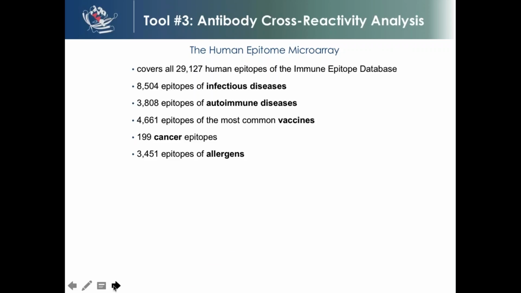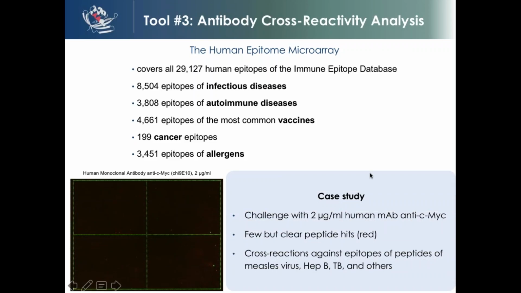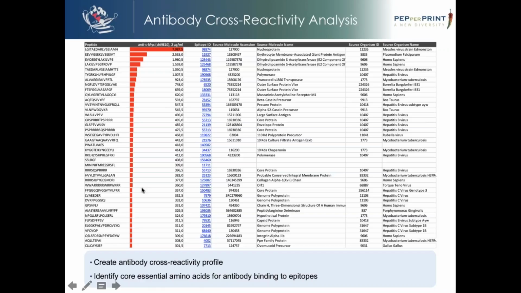As a case study, we took a commercially available human antibody, anti-c-Myc, and we challenged it on our array. And hopefully you can see it. There are few but very clear hits that are seen in red and that are not c-Myc. I'll just show an example of the actual raw data. This is what you would get. Again, just one chip, but a lot of information.